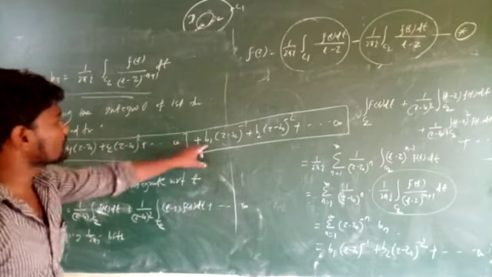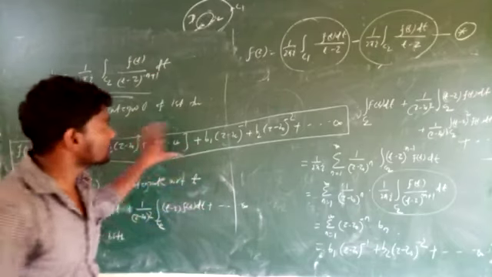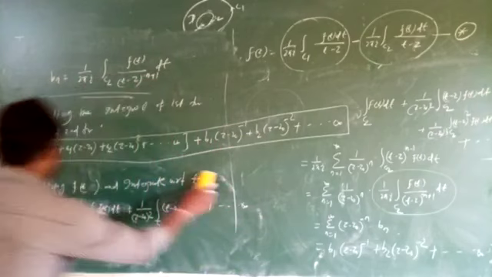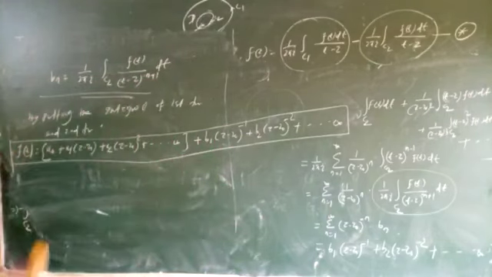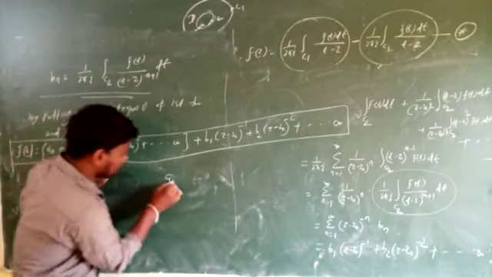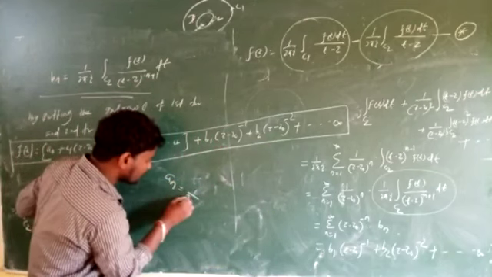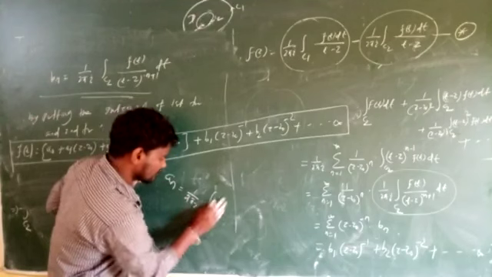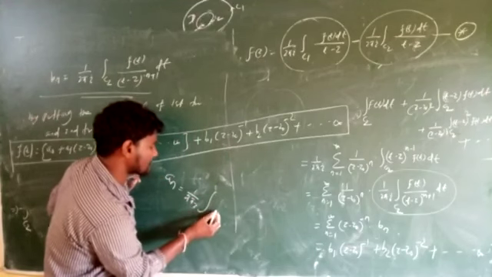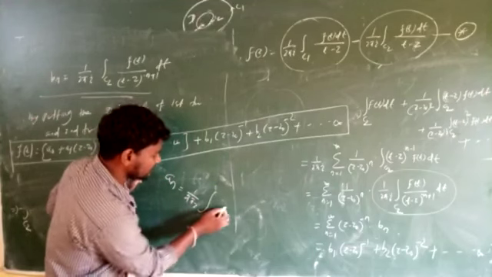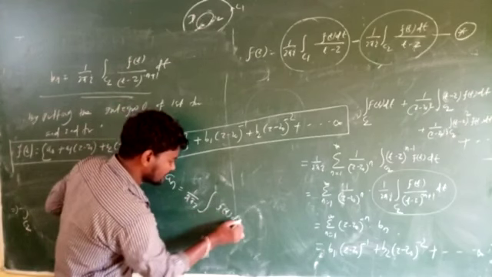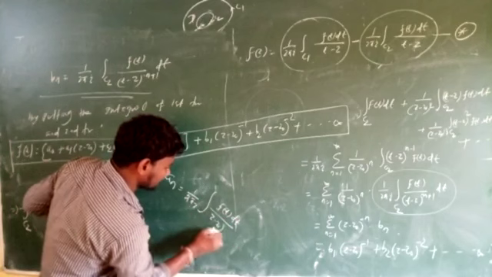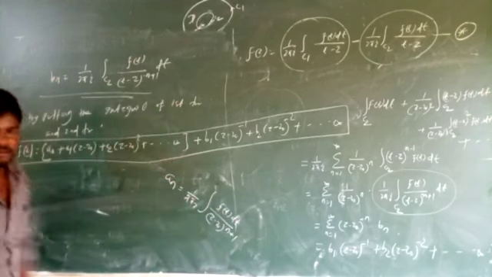This depends upon two terms. But we take an arbitrary term, for example: An equals 1/(2π) times the integral of f(t) dt / (t − z0)^(n+1).